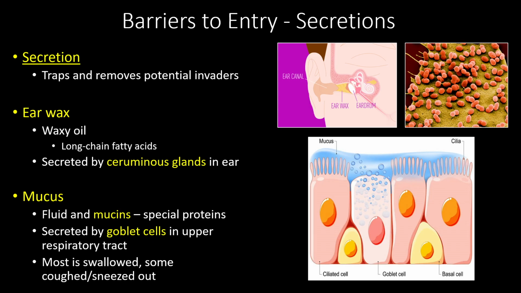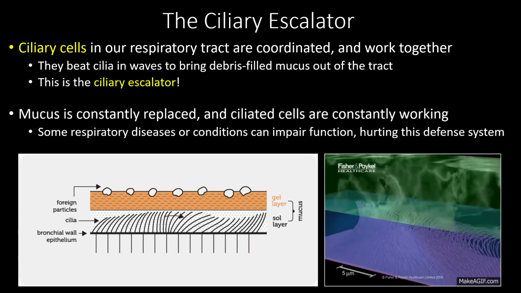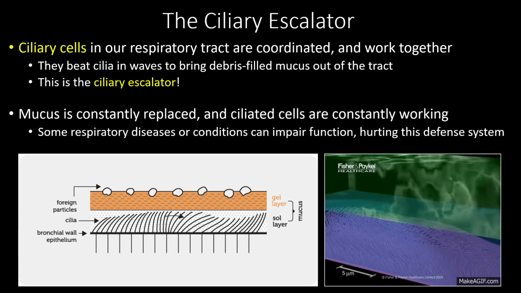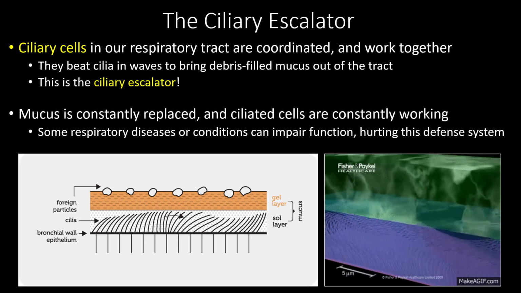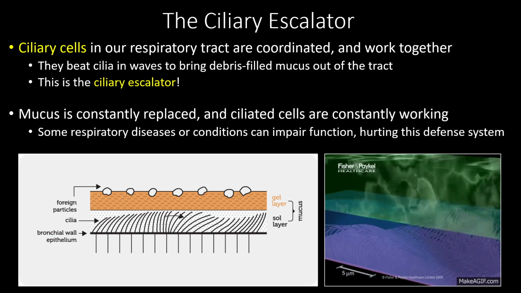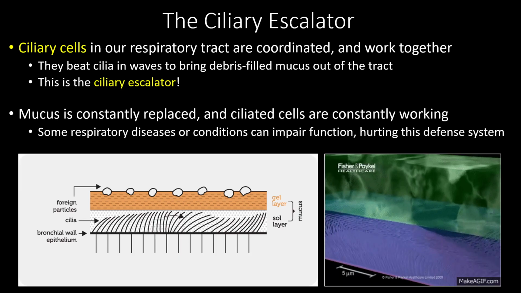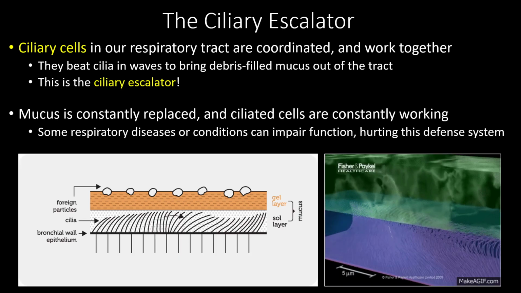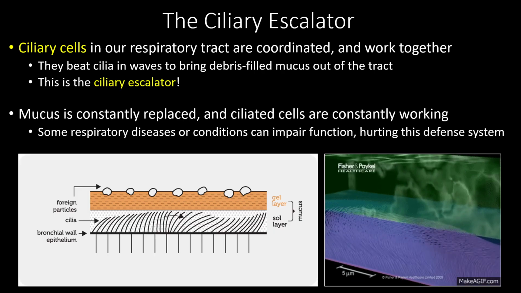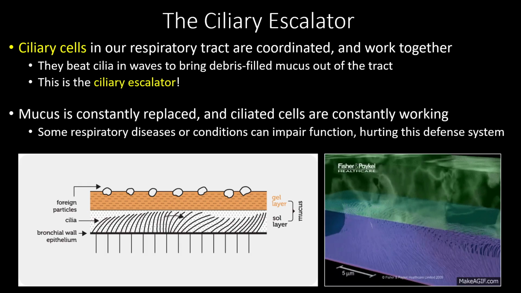The ciliary cells in our respiratory tract are the ones that really do this job, and this is a super cool process. We have goblet cells that are constantly secreting mucus. If we didn't have ciliary cells removing this mucus, it would constantly build up, and we might even drown in our own lungs with the mucus. That would be pretty bad.